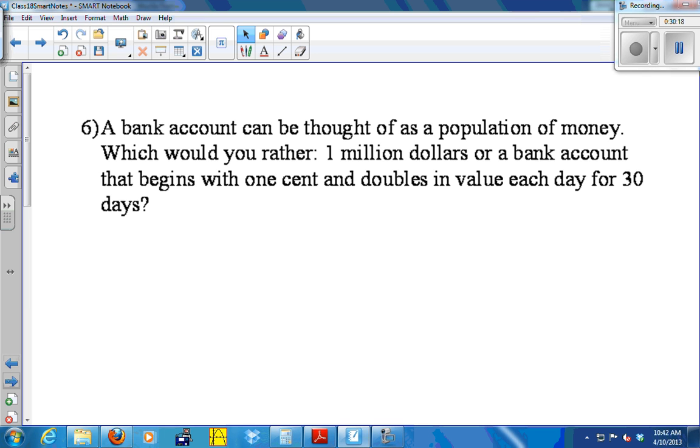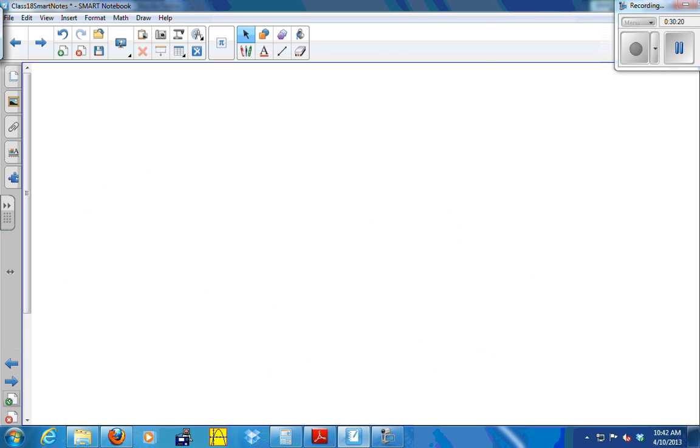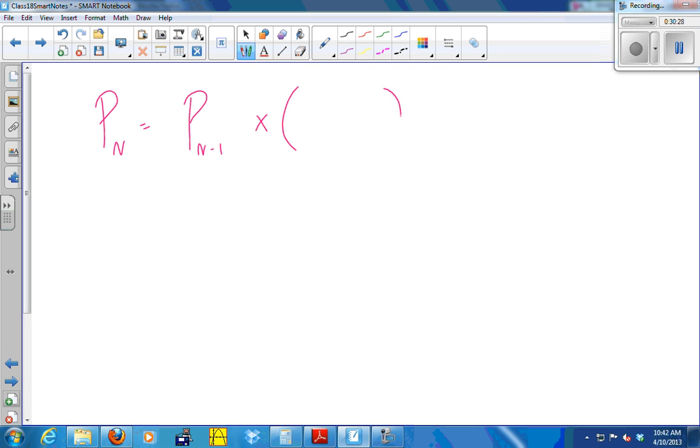So to find a recursive formula, in general, we would say P sub n would be P sub n minus 1 times something. So we have to figure out what that common ratio is. I need to find out what I multiply by to get from one year to the next.